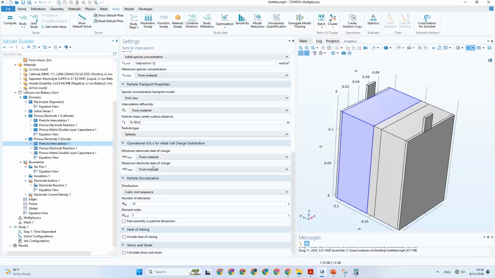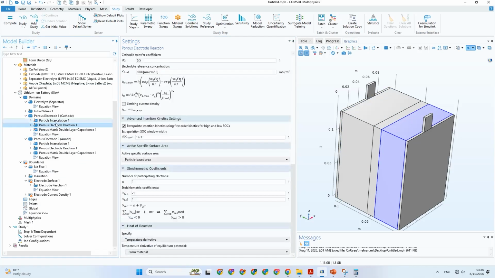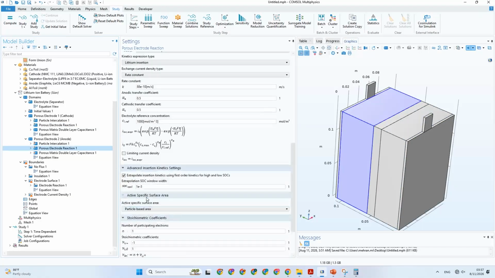SOC from material cubic. You can add heat of mixing, but I don't want to add it here now. Extrapolation SOC. This is the same extrapolation.